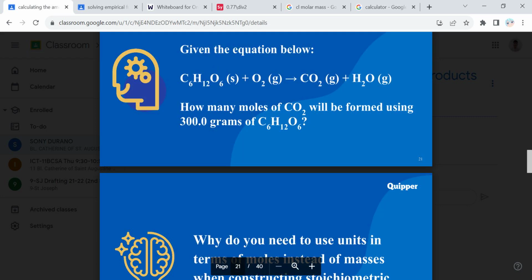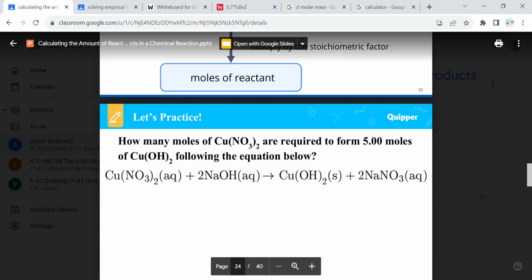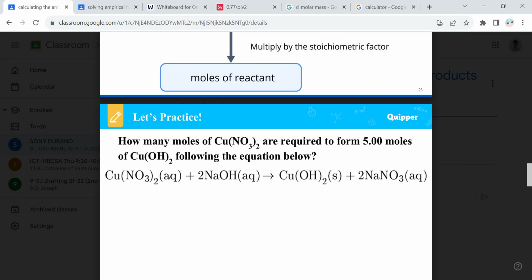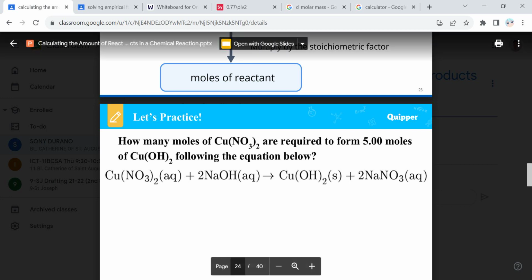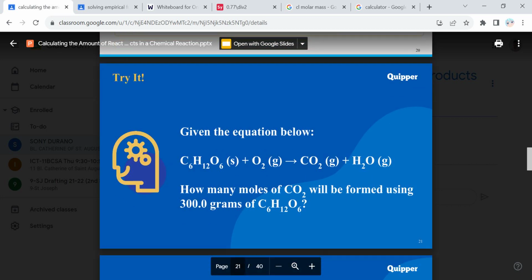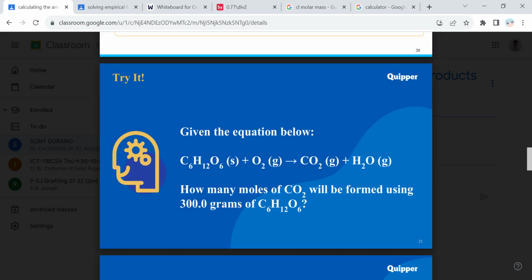One last equation. Let's try to solve this together. I think the balance equation should be, okay, if you guys already know how to balance this, you can go ahead.